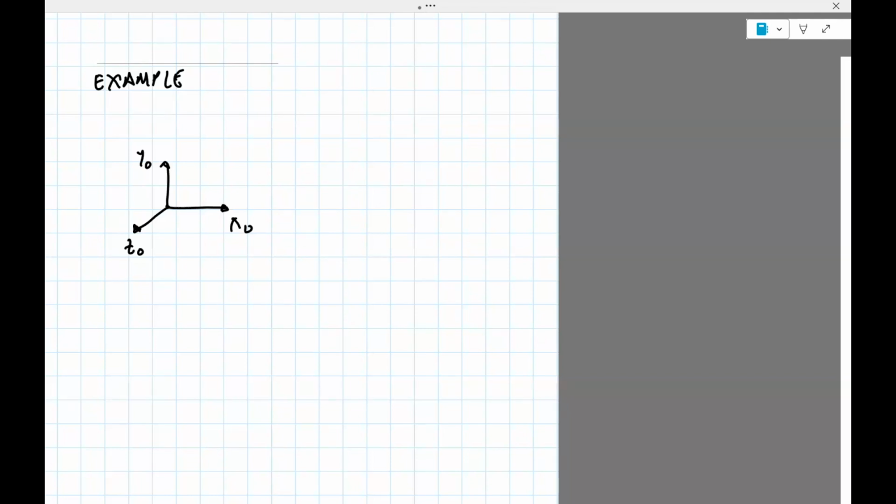And then I told you that this frame is translated and rotated to end up in a frame which looks like this, which I should call 1, 1, 1.